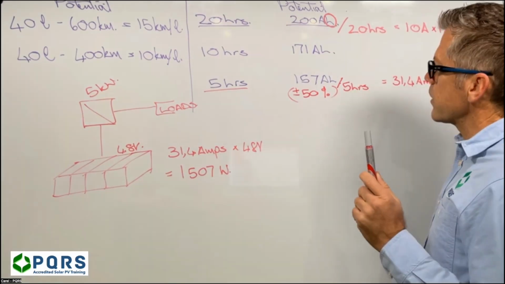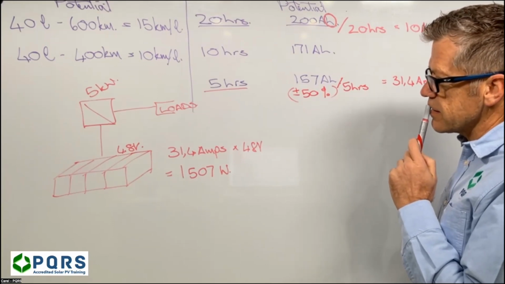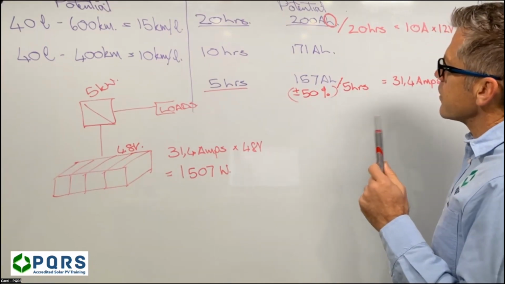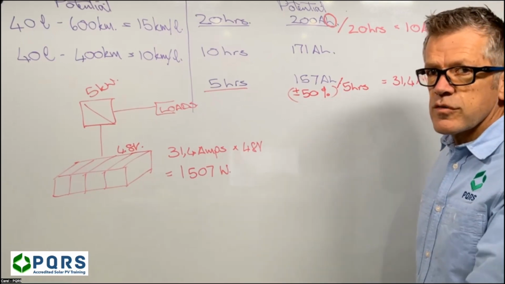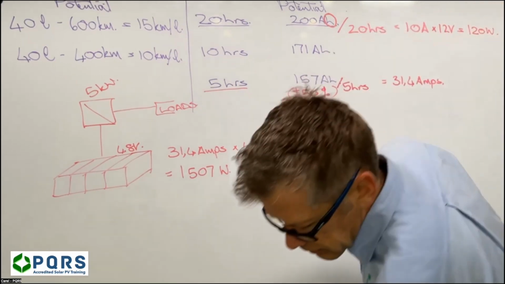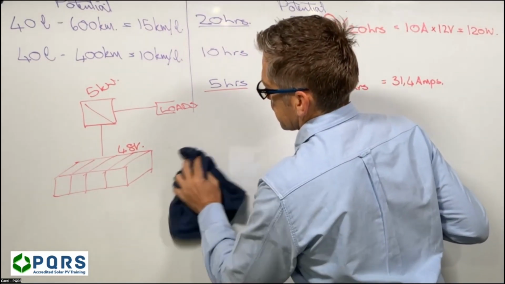Okay. And what if we are creating a solution for a customer that is in an off-grid environment? So in an off-grid environment, we want to discharge the battery over a longer period of time. So let's just play with that concept quickly.